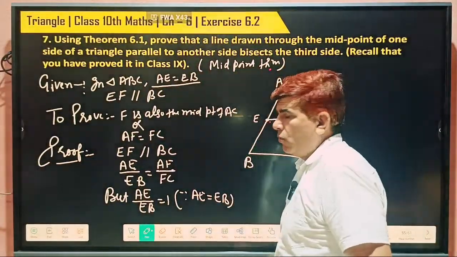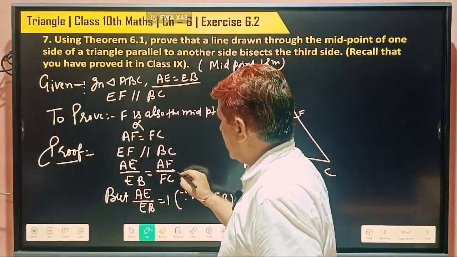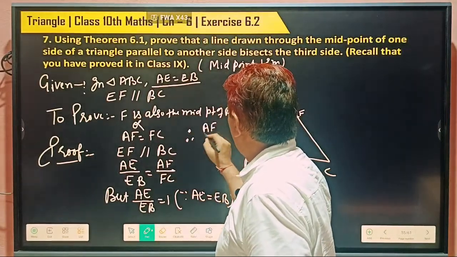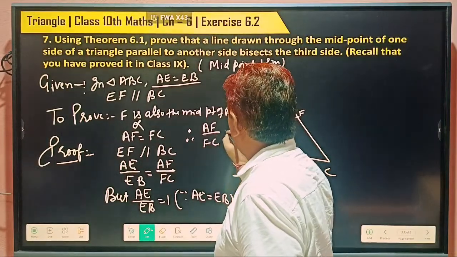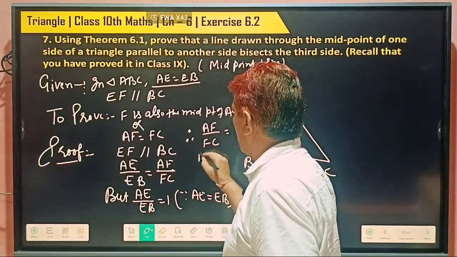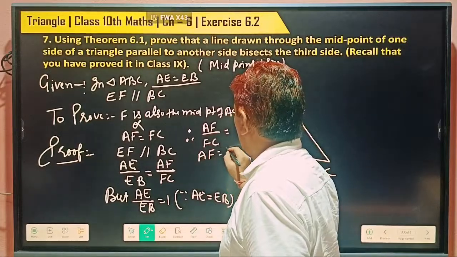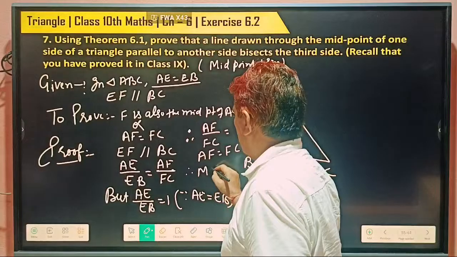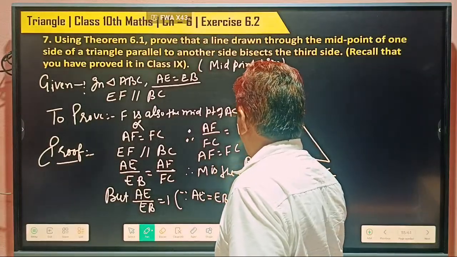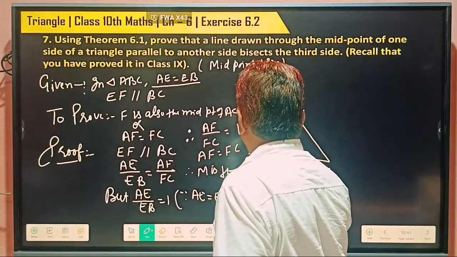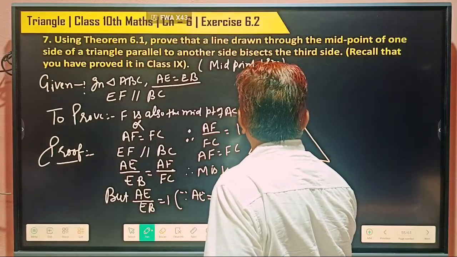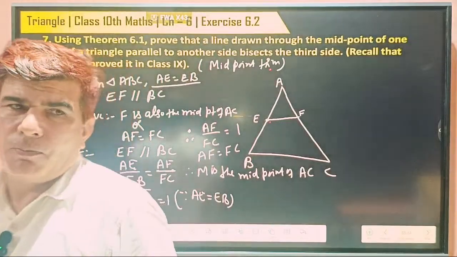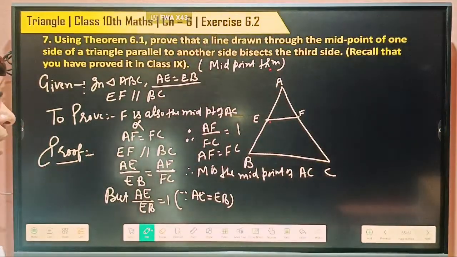So now, this is also equal, therefore AF by FC is also equal to 1. So AF equals FC, therefore F is the midpoint of AC. This is the proof of the midpoint theorem with the help of BPT.